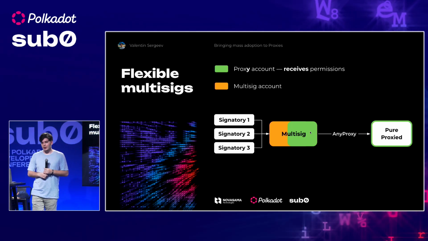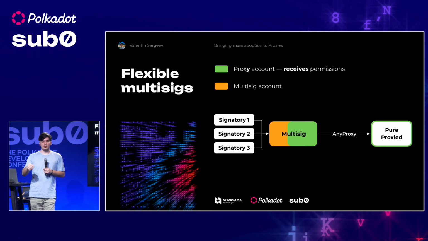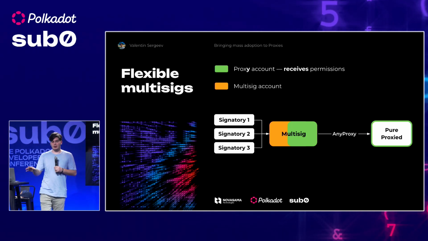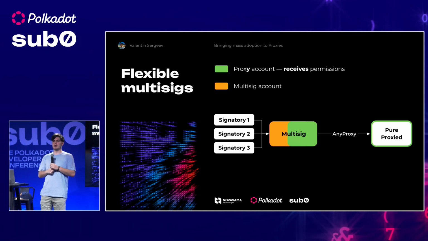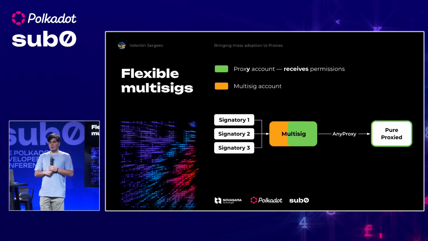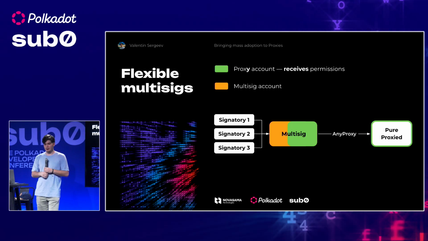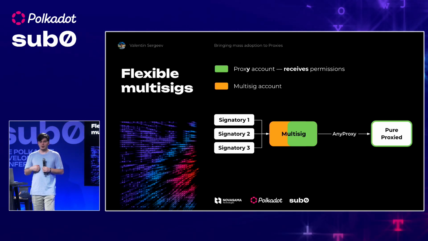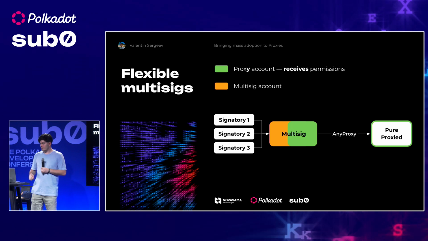So what we do is we don't use the multisig as the main account of the setup, but rather create a pure proxy, thus ensuring nobody except the multisig can control it. And we are sure about it because of the guarantees that pure proxies provide to us. Multisig can execute any operations on behalf of the pure proxy. And suppose we are unhappy with one of the signatories because he is a bad guy. So we want to remove him from the multisig.